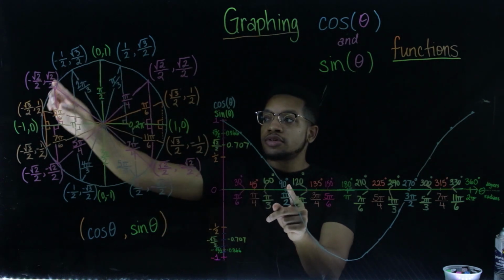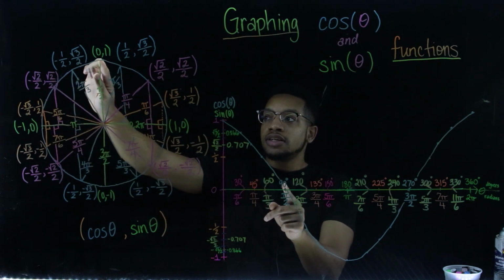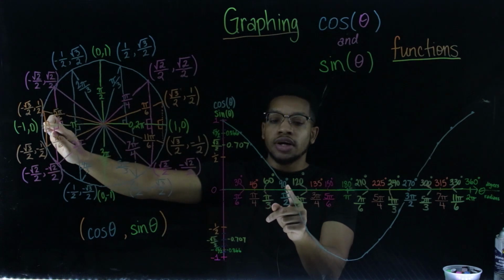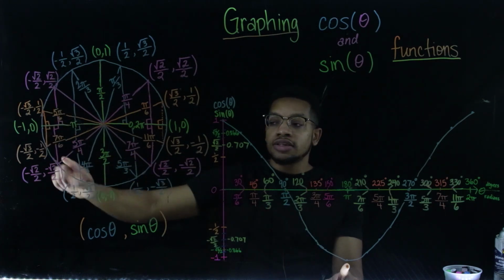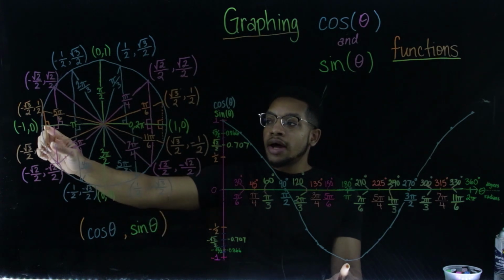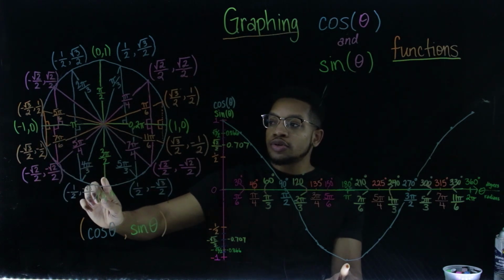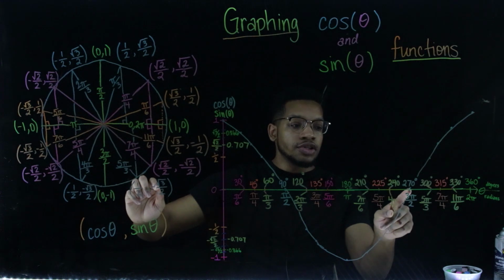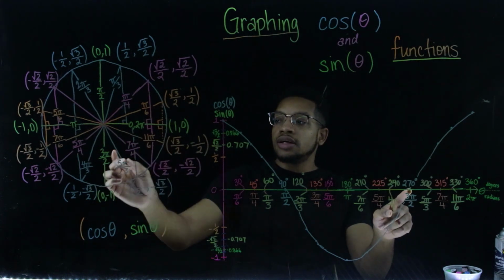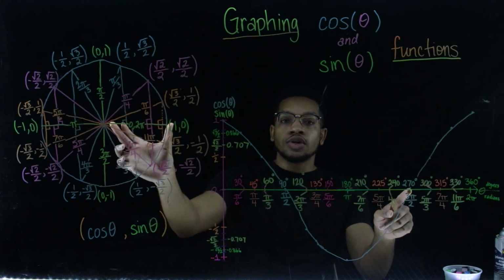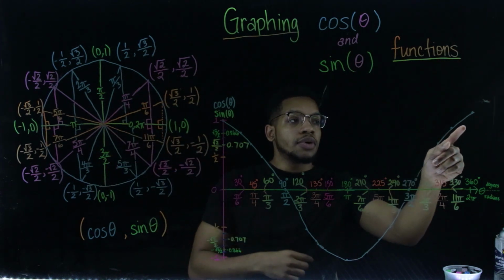And then from pi over 2 to pi, it gets even smaller, closer and closer to -1, as you can see right here. And from pi to 3 pi over 2, my x coordinate gets closer and closer to 0. And then from 3 pi over 2 to 2 pi, it goes back to getting bigger, closer and closer to 1. And that's exactly what happens in the graph.